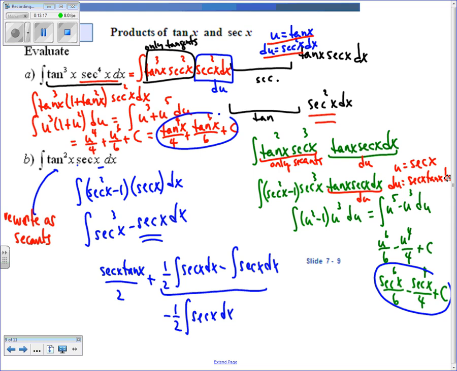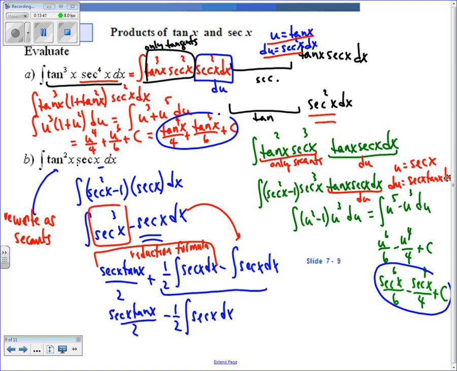Okay, so now this was done through the reduction formula, and then this one just is out to the side. So now I've got 1/2 of secant times tangent.